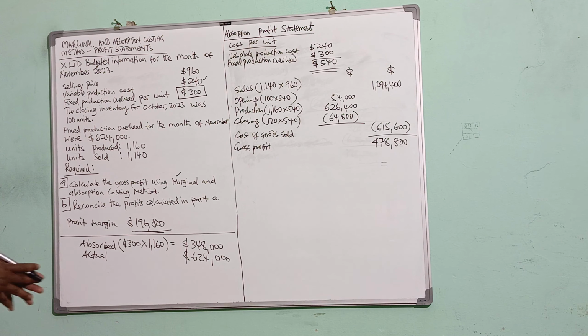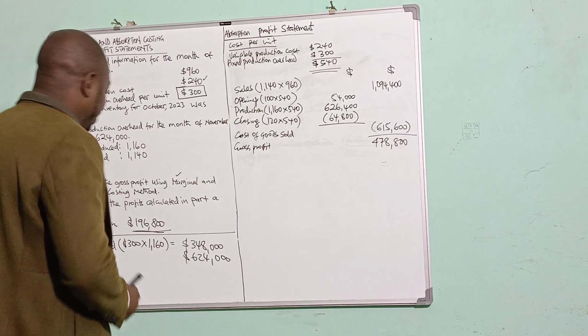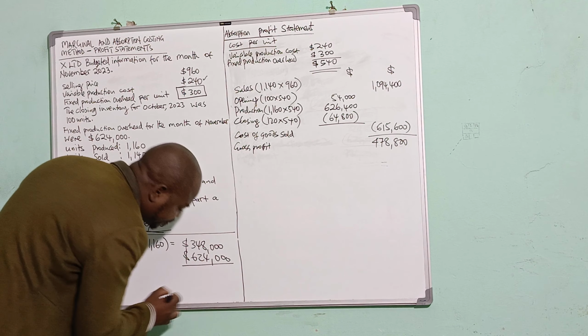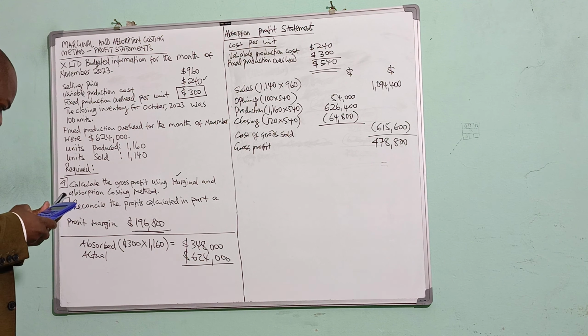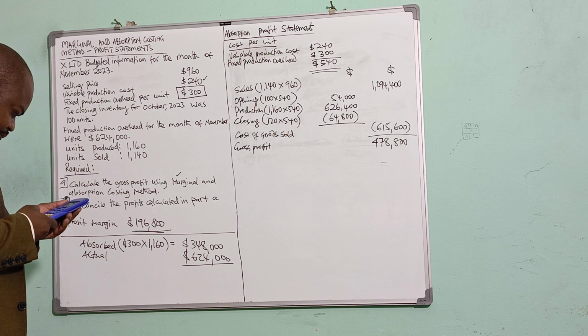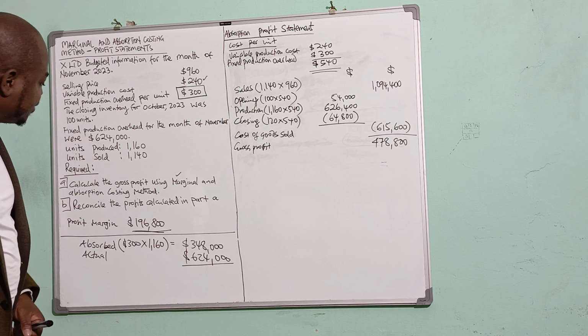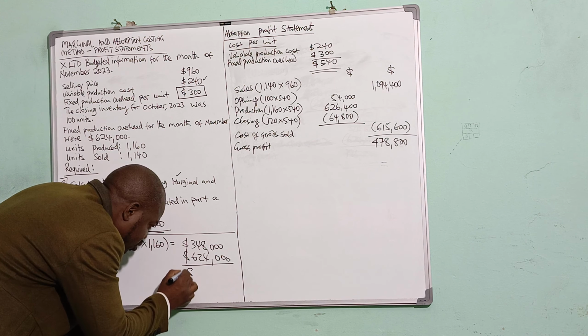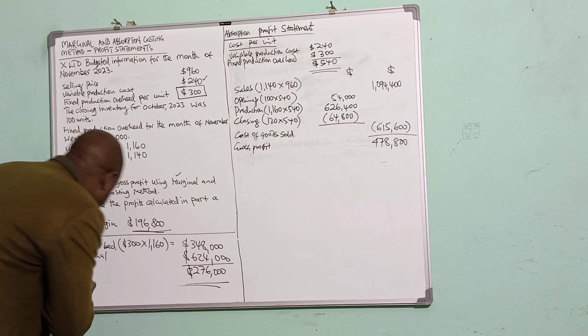If the absorbed was more than the actual, we would have said we over absorbed. So we under absorbed by how much? 348,000 minus 624,000. We under absorbed by $276,000. Under absorbed.